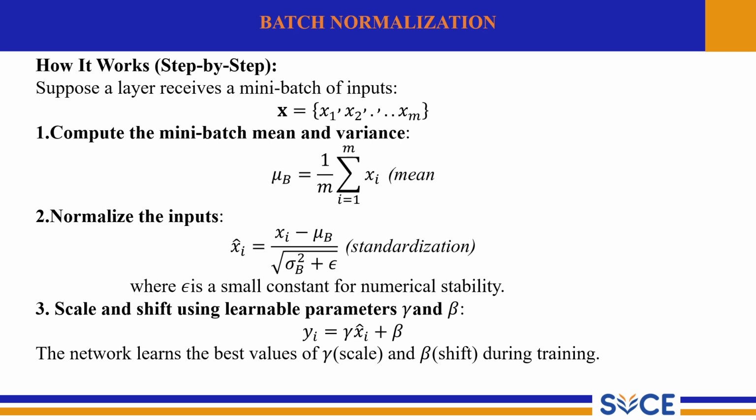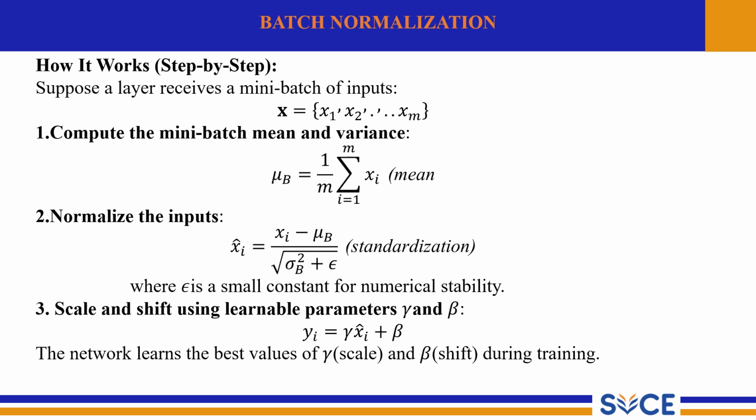Next step is scale and shift with learnable parameters. Finally, we apply a scaling and shifting transformation using two learnable parameters, gamma and beta. So yi = gamma times xi hat plus beta.